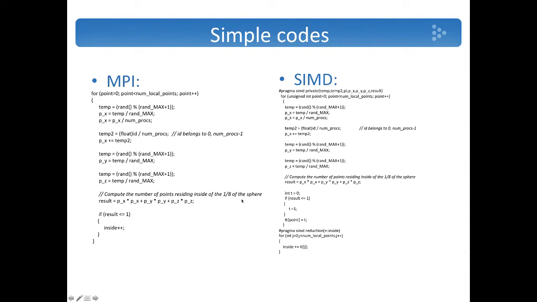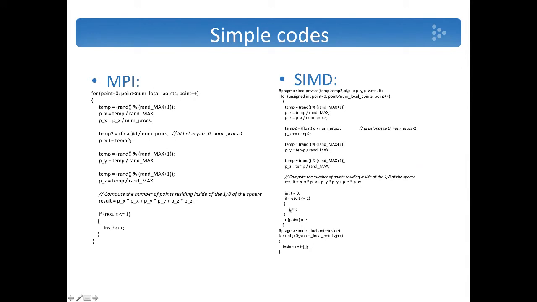So to avoid the problem, we just put the result in a temporary array, the TT point here. So we put the result into a temporary array, and after that we use the reduction to calculate how many points in the array have a flag of 1.